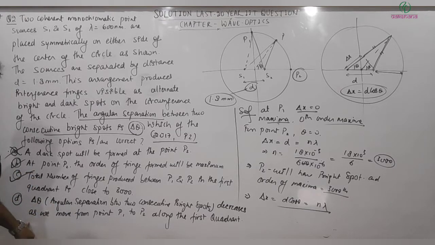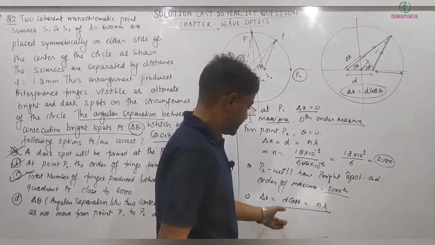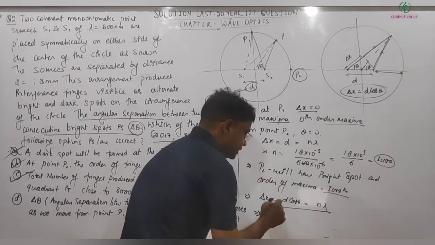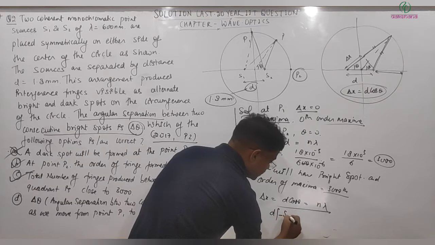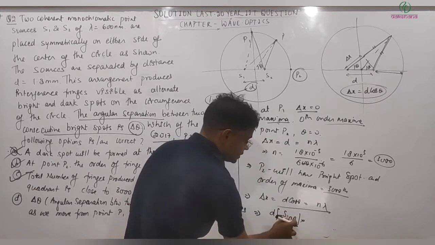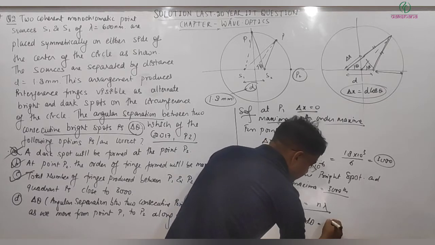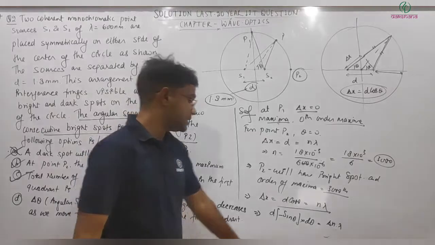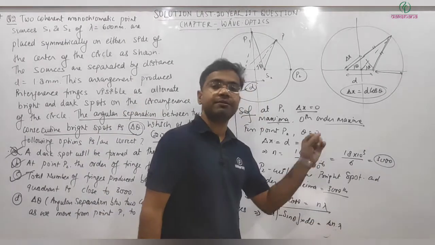So first let's calculate what delta theta is. Delta x we got. Let's differentiate it. So what comes here is d times the differentiation of cos theta, which is minus sin theta times d theta, equal to delta n into lambda. Delta theta is the angular separation, and delta n is the number of fringes changing.